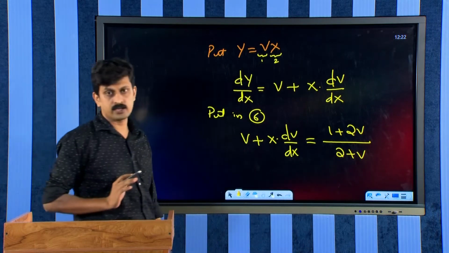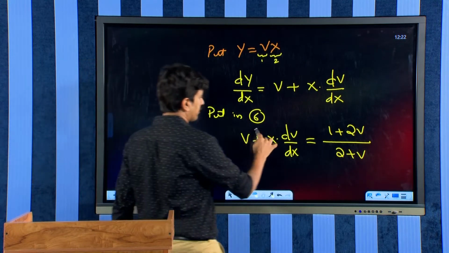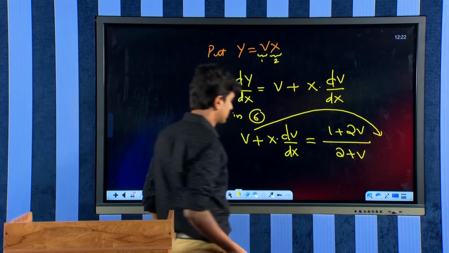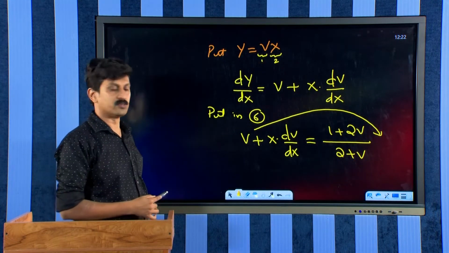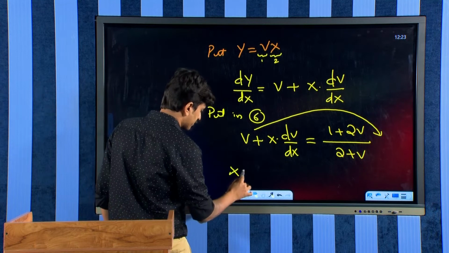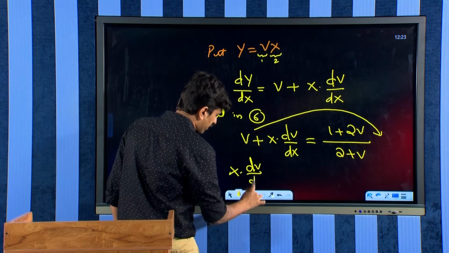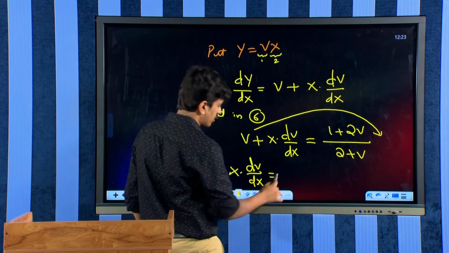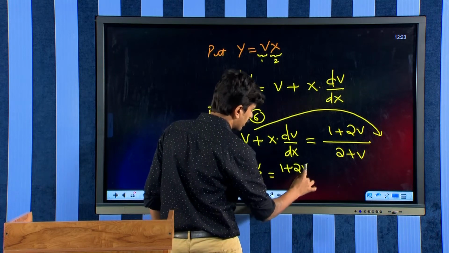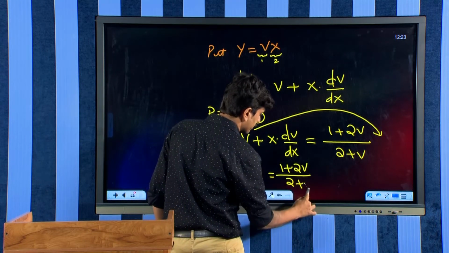Okay, fine. So, we can take this v to the opposite side. Therefore, we will have x into dv by dx is equal to 1 plus 2v divided by 2 plus v minus v.